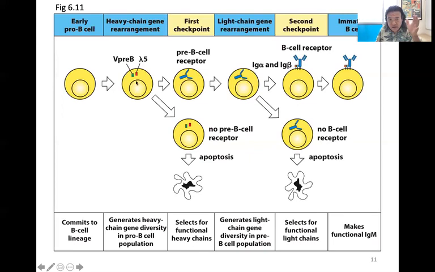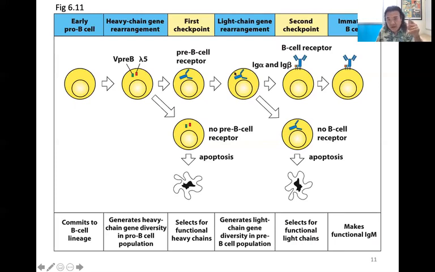If the V pre-B and lambda 5 don't detect that there is a proper heavy chain pre-B cell receptor made, or the shape of it is wrong, and this cartoon is just showing that the cell couldn't even make it, because the rearrangements were non-productive, then that's it. The cell just dies here, right?